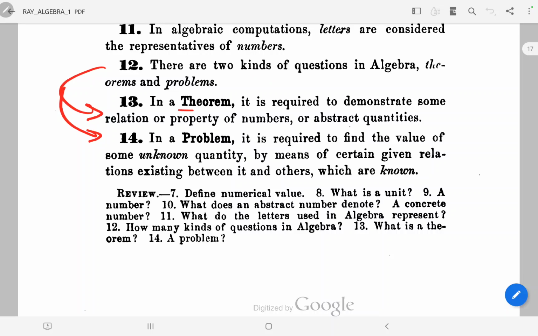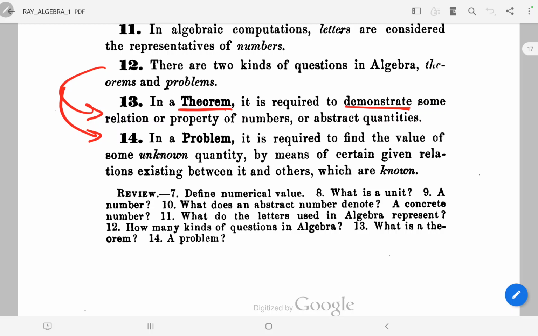First, the theorem. In a theorem, it is required to demonstrate some relation or property of numbers. And to demonstrate means to prove. In a theorem, we're asked to prove something to be true. In a theorem, it is required to demonstrate some relation or property of numbers or abstract quantities.